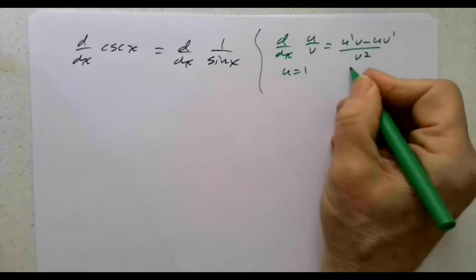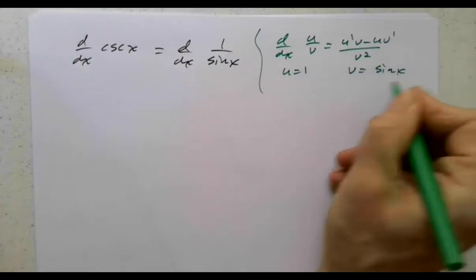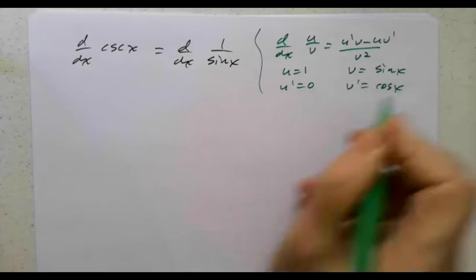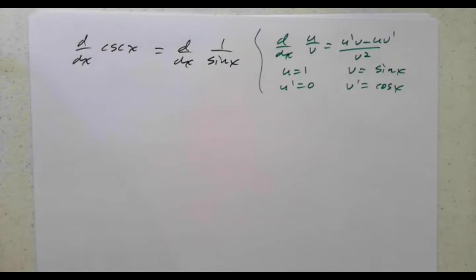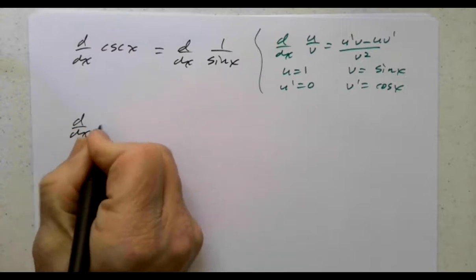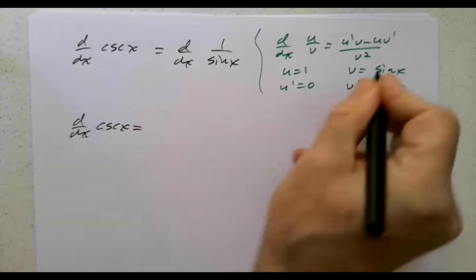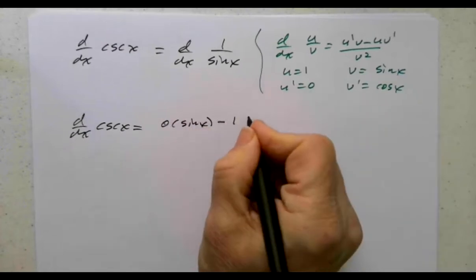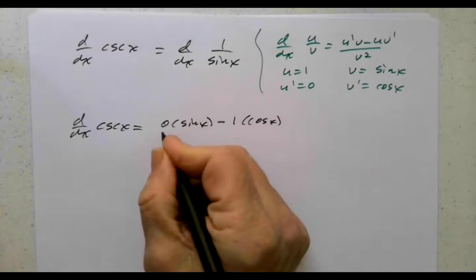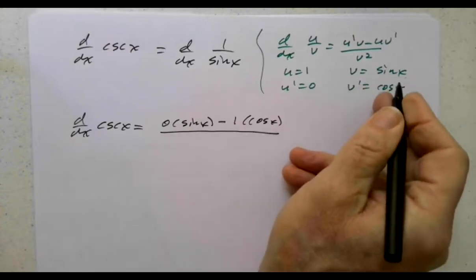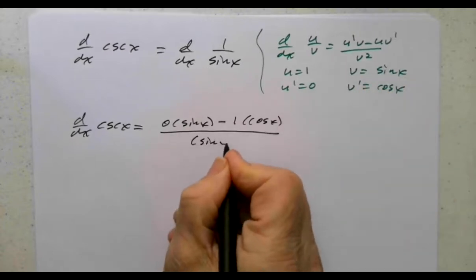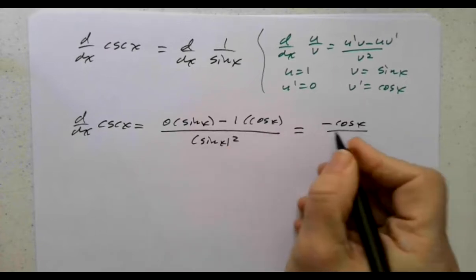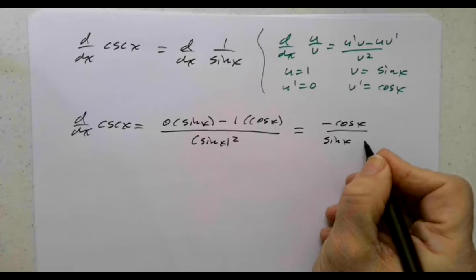U is 1, v is sine x, u prime is 0, v prime is cos x. So we get the derivative of cosecant x is u prime v, 0 times sine x, minus uv prime, minus 1 times cos x, all over v squared, all over sine x squared. 0 minus 1, so negative cos x over sine x times sine x, which I'm going to write this way.